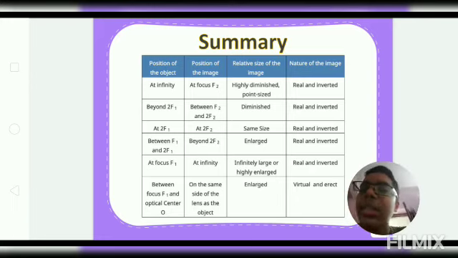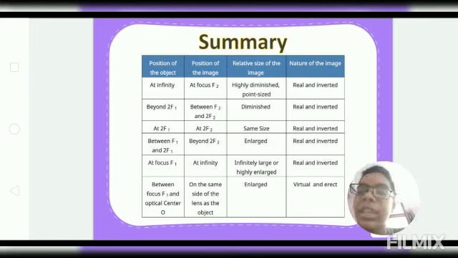When the object is at focus F1, the image is at infinity. It is infinitely larger, or highly enlarged, as we discussed earlier. And the image is real and inverted. When the object is between focus F1 and optical center O, the image is on the same side of the lens as the object.